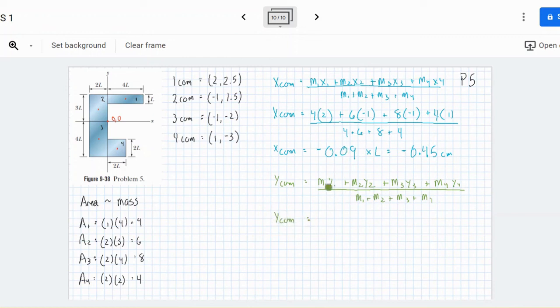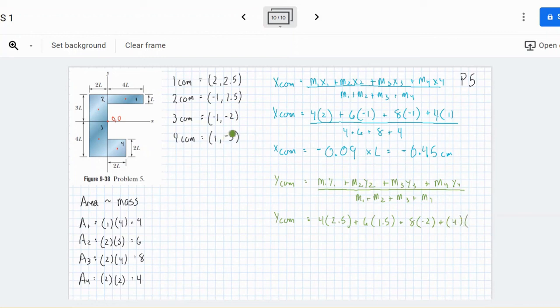Okay, let's plug and chug this one. Mass is 4. Y position is 2.5. Plus mass is 6. Times Y position is 1.5. Plus mass is 8. Times Y position is -2. Mass is 4.